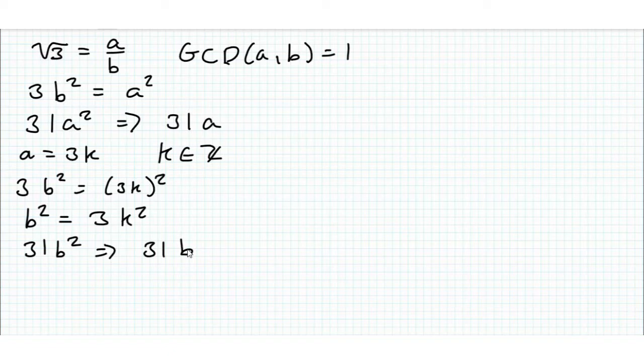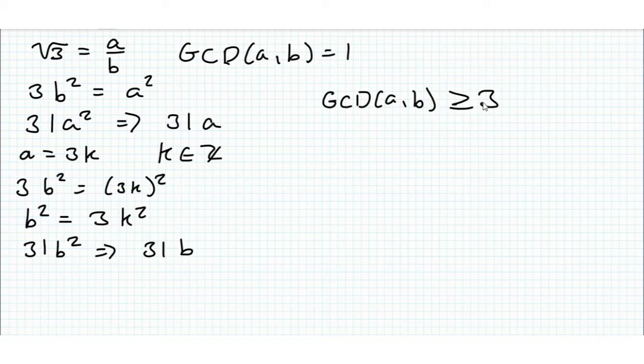Well, now we know that 3 divides b and 3 divides a, so that means the greatest common divisor of a and b is greater than or equal to 3, right? Because 3 divides both, so it's a common divisor.